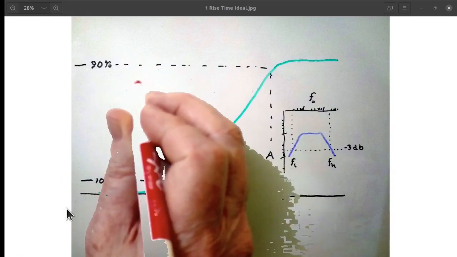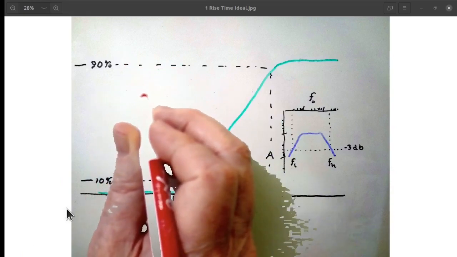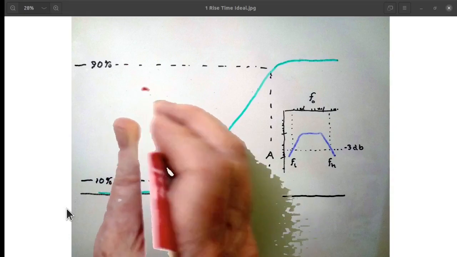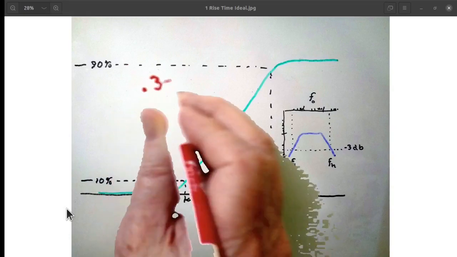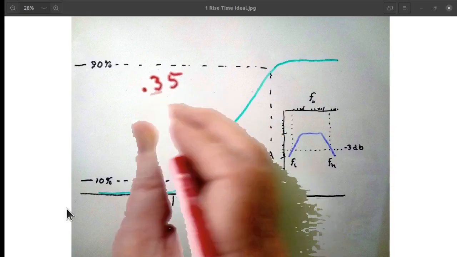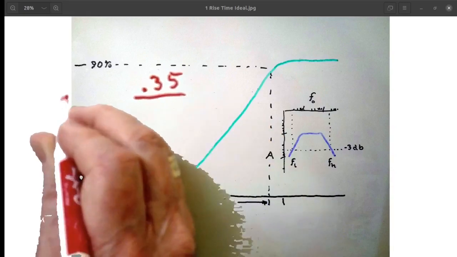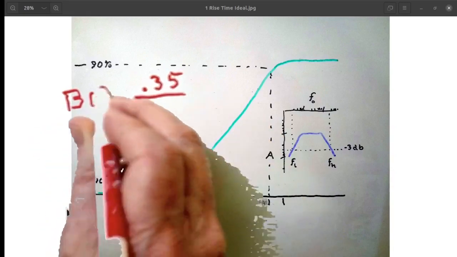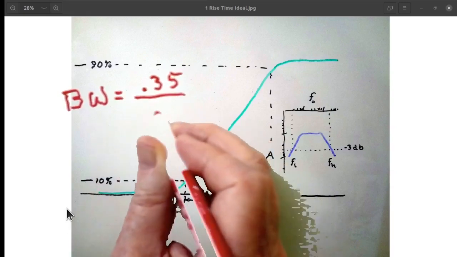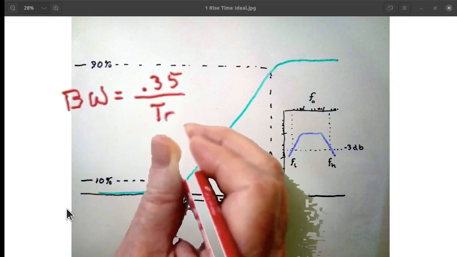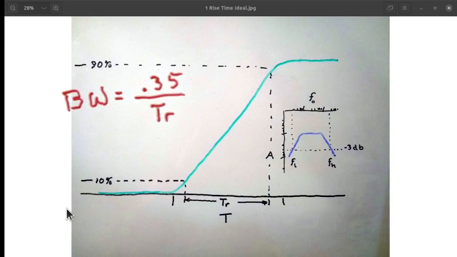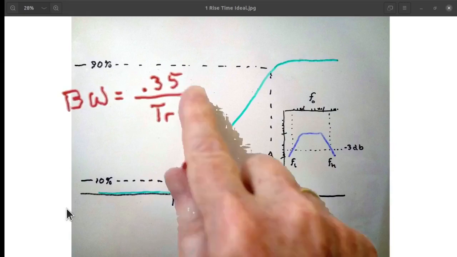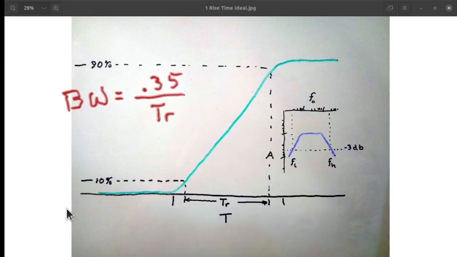The pen is appearing invisible. So this is our fundamental bandwidth and Risetime relationship, with a constant there of 0.35.